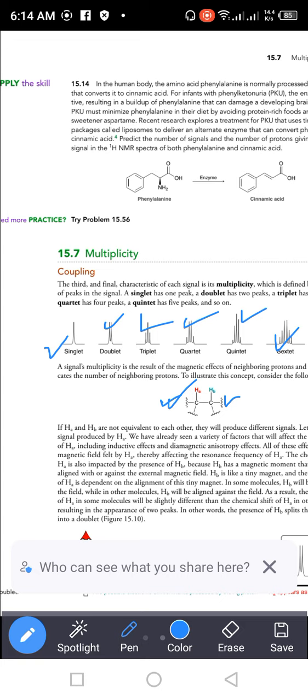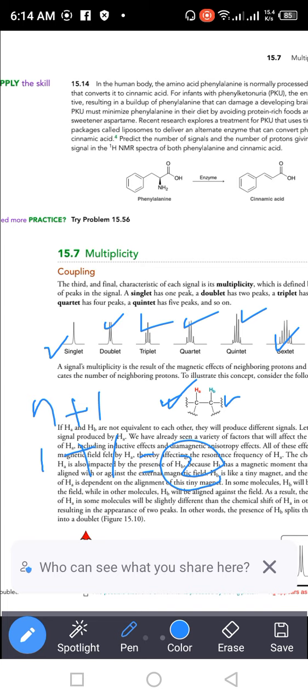If HA has only one neighbor, it will split according to the n plus 1 rule. The n plus 1 rule says n means the number of neighbors. If HA has one neighbor, then 1 plus 1 is 2, so HA will split into two peaks in a signal.